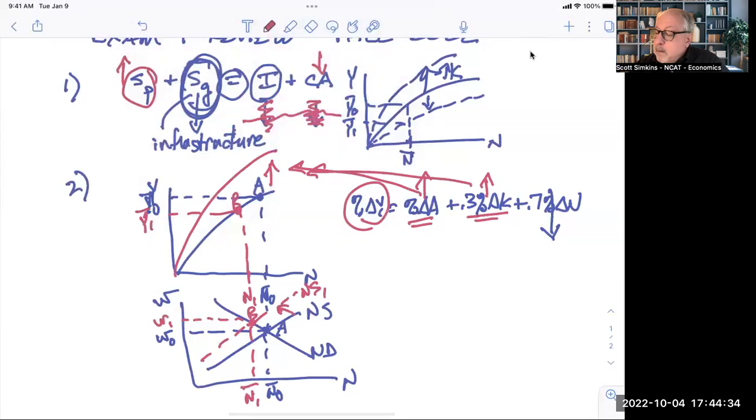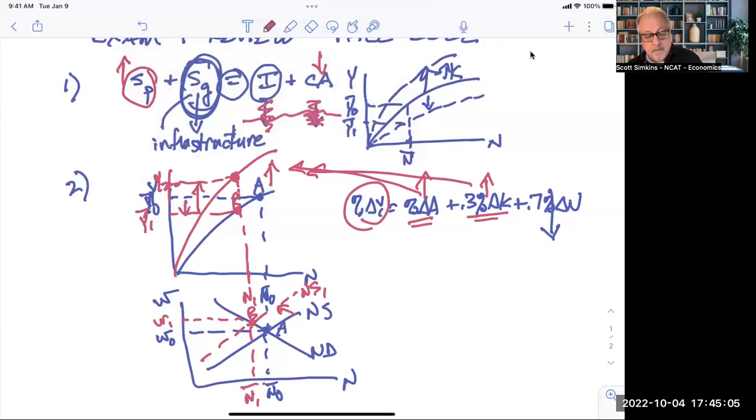So even if there was less labor, it's now more productive because there's more capital and technology and schooling to work with. Even where the amount of labor being supplied is going down, which would typically lead to a lower real GDP, an increase in K or A could cause GDP actually to rise.